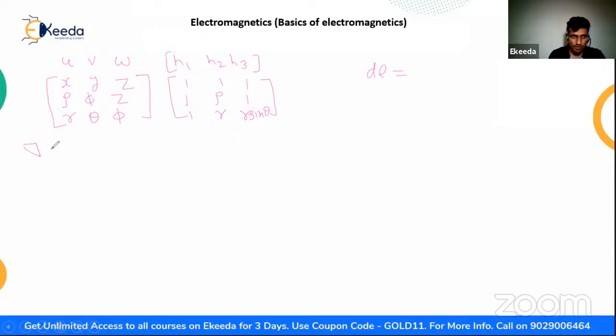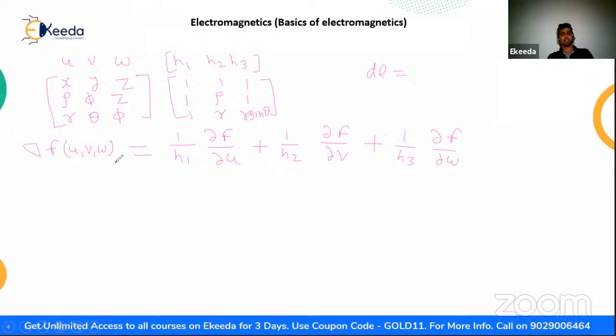formulas. First is the del operator. Suppose f is a function of u, v, w. The u, v, w may be x, y, z, it may be rho, phi, z, it may be r, theta, phi. So how is it defined? 1 upon h1 del f upon del u, 1 upon h2 del f upon del v, 1 upon h3 multiplied by del f upon del w.